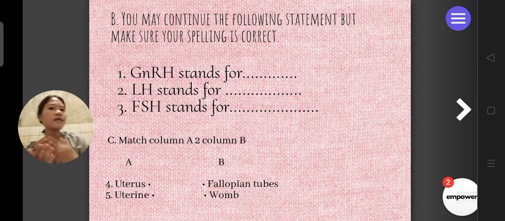Set B, you may complete the following statements, but make sure your spelling is correct. Number 1, for example, GnRH stands for. And set C is match column A to column B. For example, uterus. So ano kaya yung ibang tawag sa uterus?